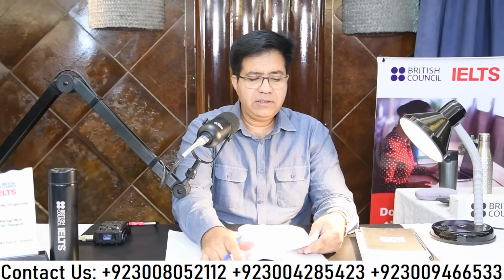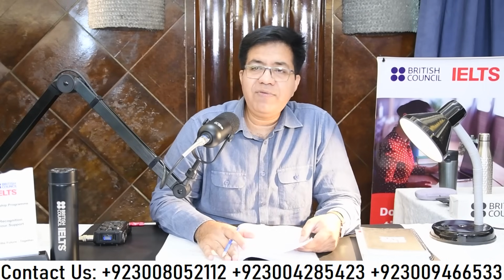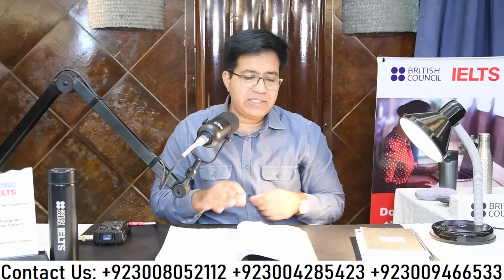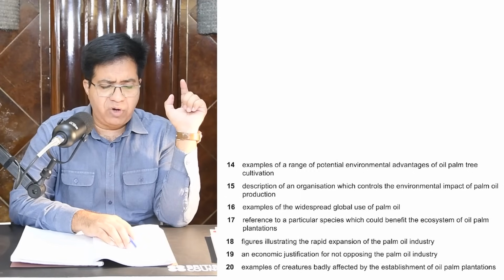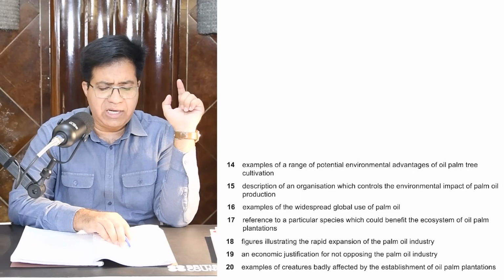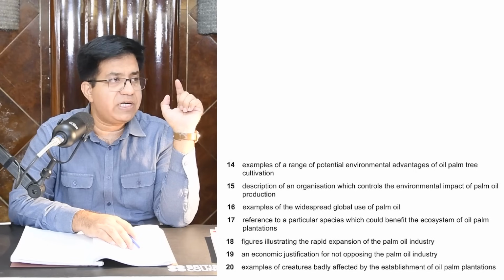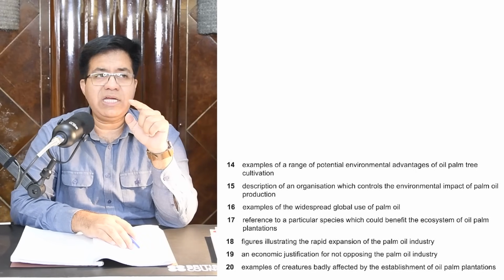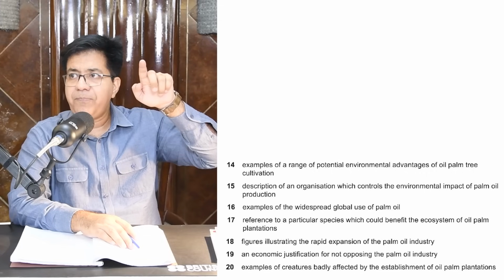Now finally, the hardest part, and we will go through the passage, but I'll tell you what to look for in the passage. Question number 14, examples of a range of potential environmental advantages of oil palm tree cultivation. Look here, whenever they use the word examples, you need to look for something with commas.